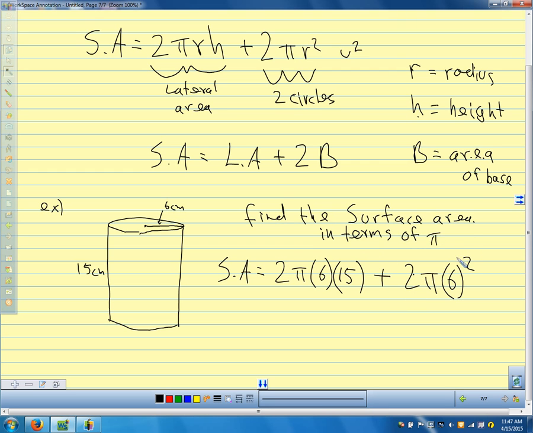In terms of pi just means we leave pi in our answer. So 2 times 6 is 12. 12 times 15 is 180. So that's going to be 180 pi. I just leave pi there. Plus 6 squared is 36. 36 times 2 is 72 pi. And I get 252 pi. I had 180 and 72. And that's going to be square centimeters for my area. That would be my answer in terms of pi.